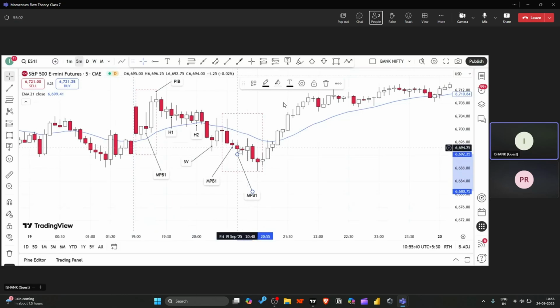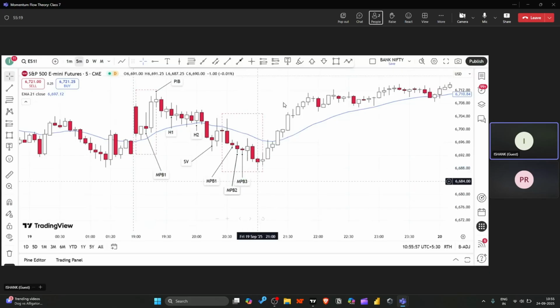This is micro pullback 1, 2, 3 or no? Yeah, correct only. Micro pullback 1, 2, 3, 4, and then the last turned into PIB.